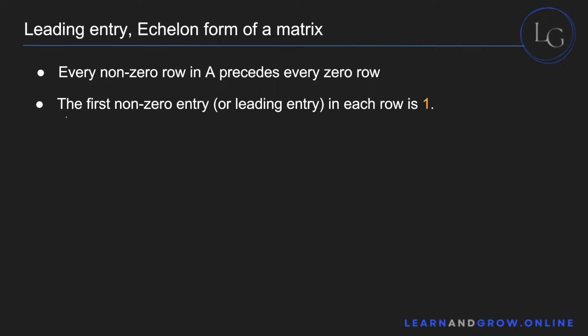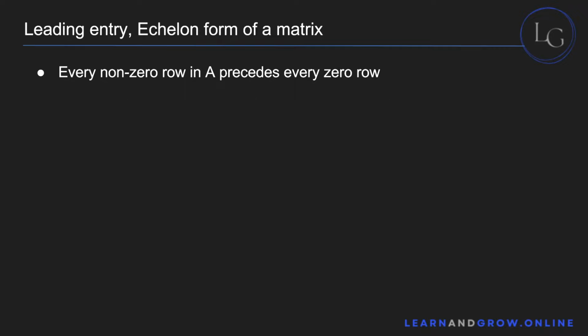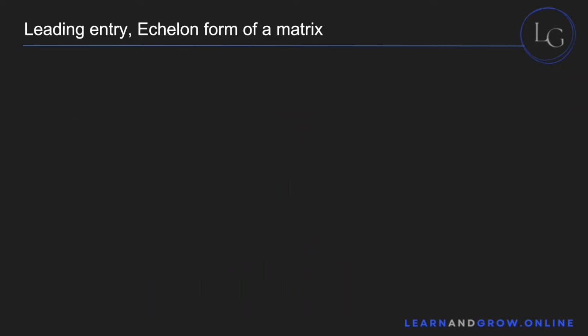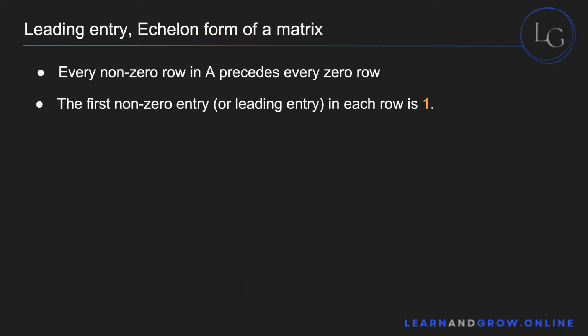And the third condition for the row echelon form is that the first non-zero entry, the leading entry, as we have discussed earlier, like this number 2 here, which is the leading entry of this row, in each row is 1. That is the third condition for the row echelon form.